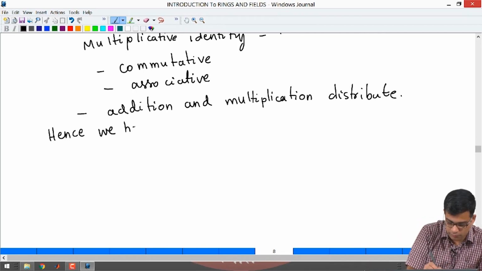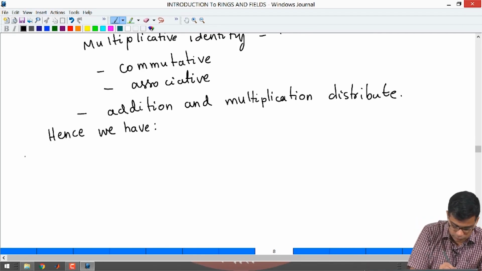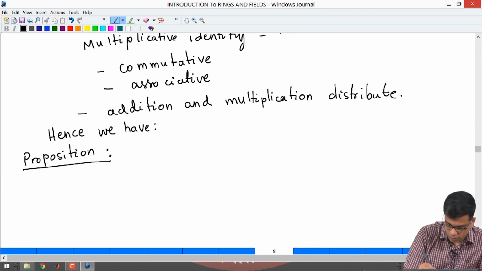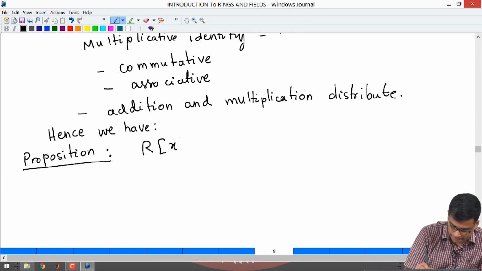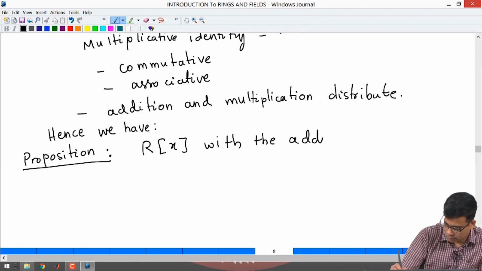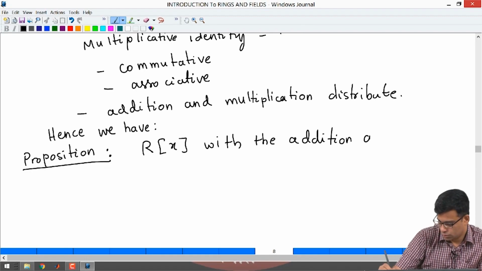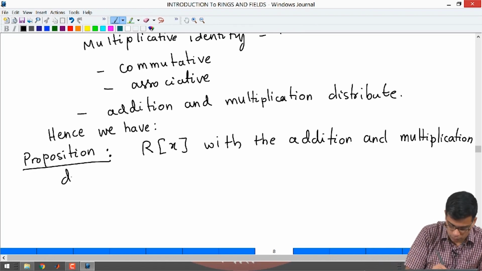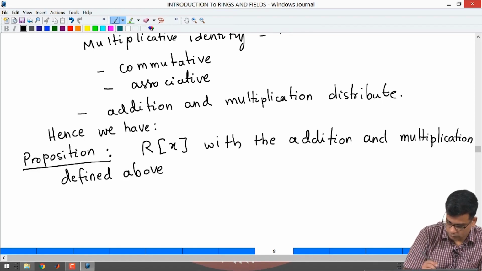So, hence we have a proposition: R[x] with the addition and multiplication defined above is a ring, okay.